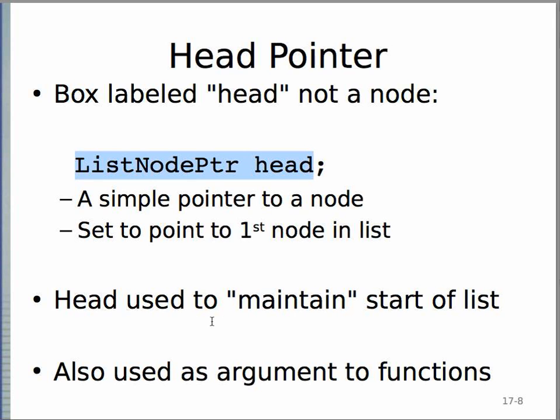Later on we'll have it point to the first node in the list. So the head is used to maintain the start of the list. It's also used as arguments to functions. We saw that we set up the insert function and the print function, and we had to pass in the head as an argument.